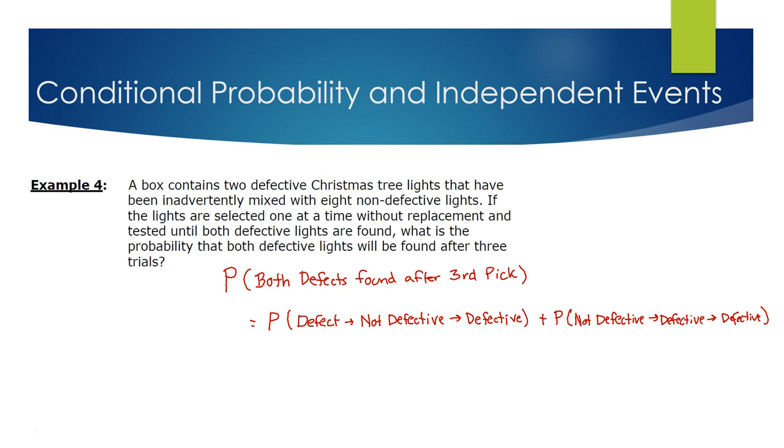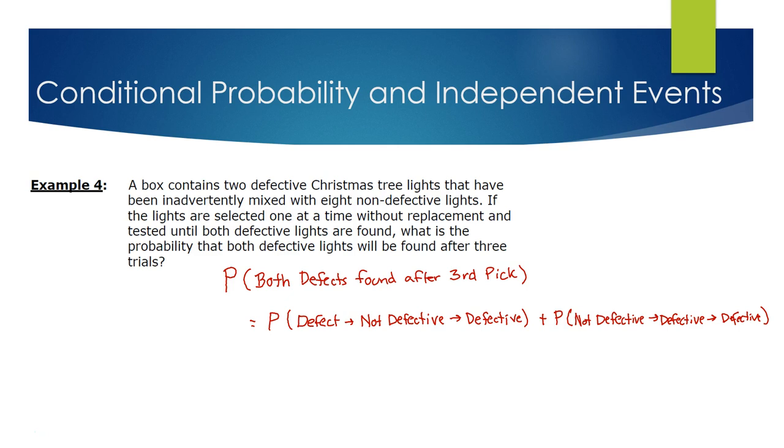So these are the 2 circumstances I have that, combined together, would give me the overall probability of me picking both of the defective lights out of this mixture of 10 lights, by the 3rd pick.